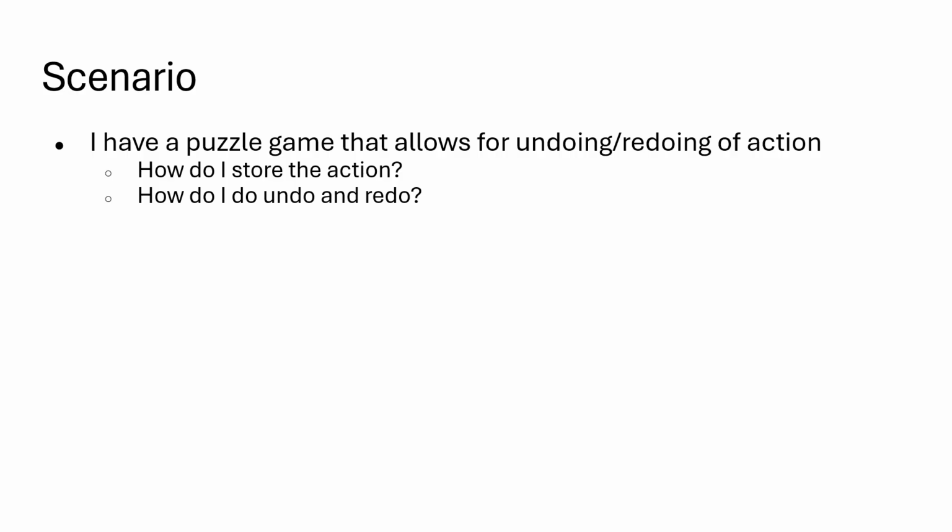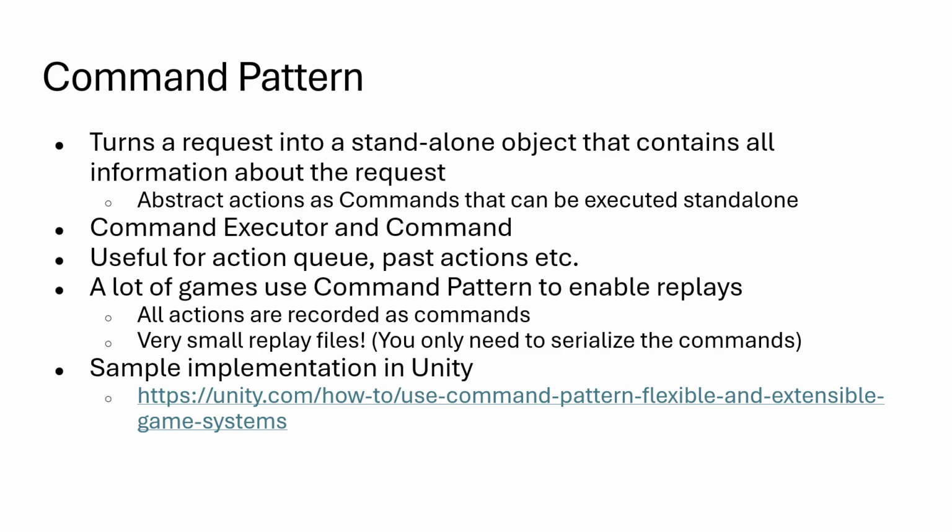So the way that in games, and not even in games, in all the programs that you have used that have some form of undo redo capability, what they do is they implement the command pattern. I don't have a code snippet for this because it's way too complicated to explain in a single slide. What it does is, instead of executing this action immediately, I store this action that I want to do in a data class that contains all the information I need to execute this action.